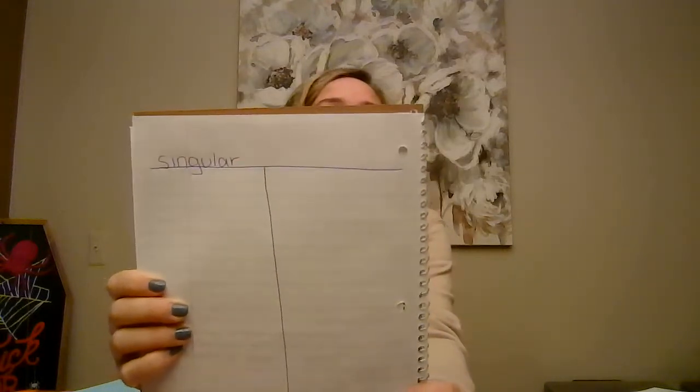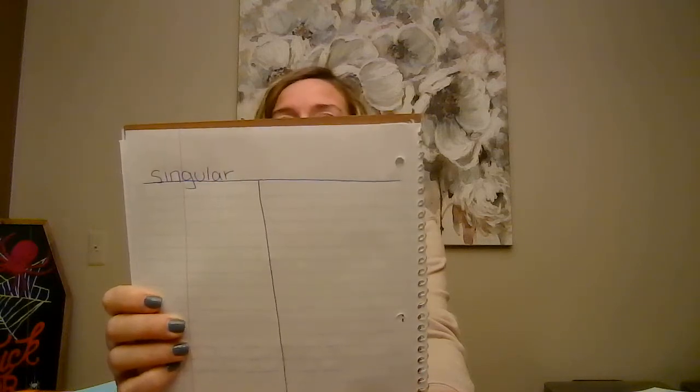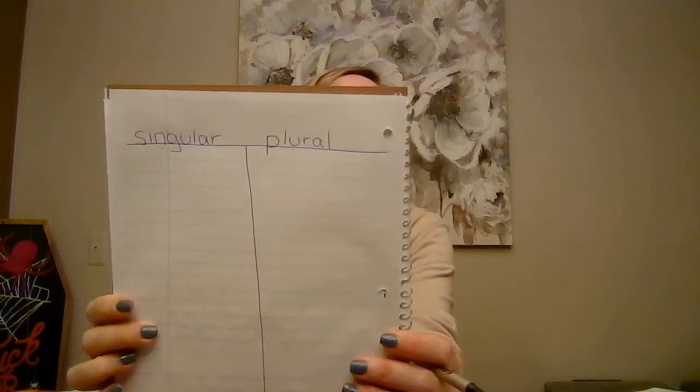Like this. Singular means one, just one. On the right side of our T chart, we are going to write the word plural. And plural here means more than one.